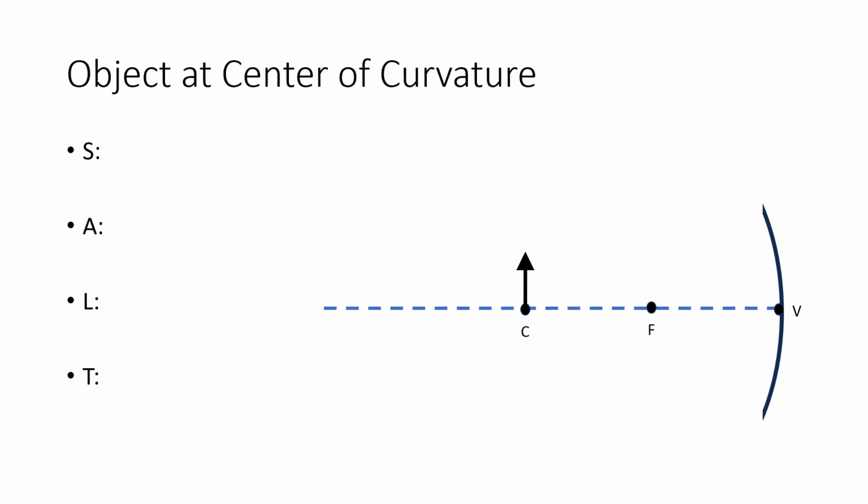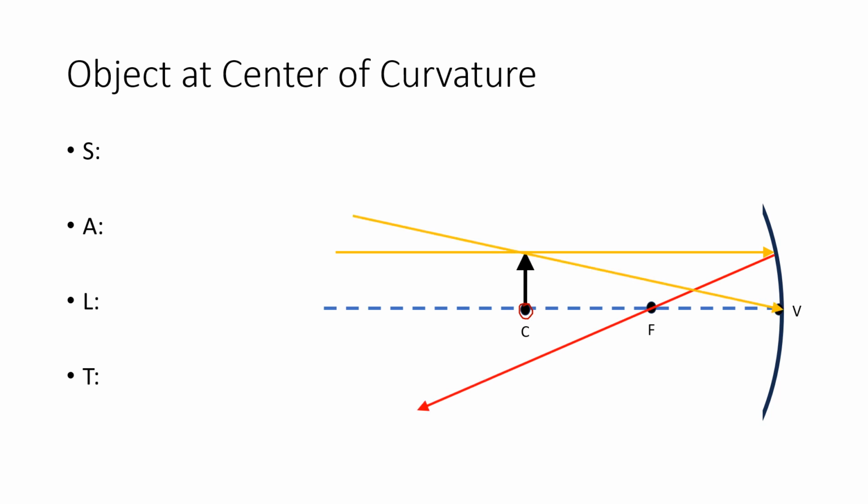Okay, so case number 2, we've moved the object to the center of curvature. Let's put on our same rays. I like the one that goes parallel and through the focal point, and then a second one that goes to the vertex and back. And so you see that this time we are right at the same point.